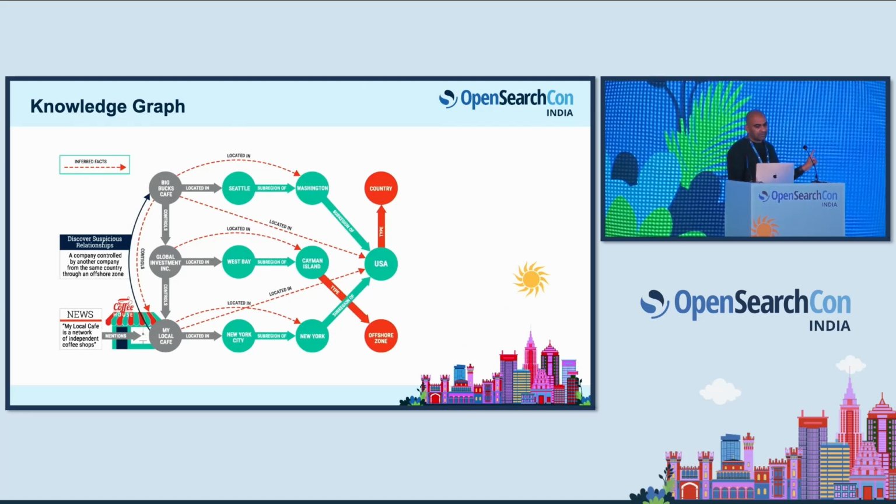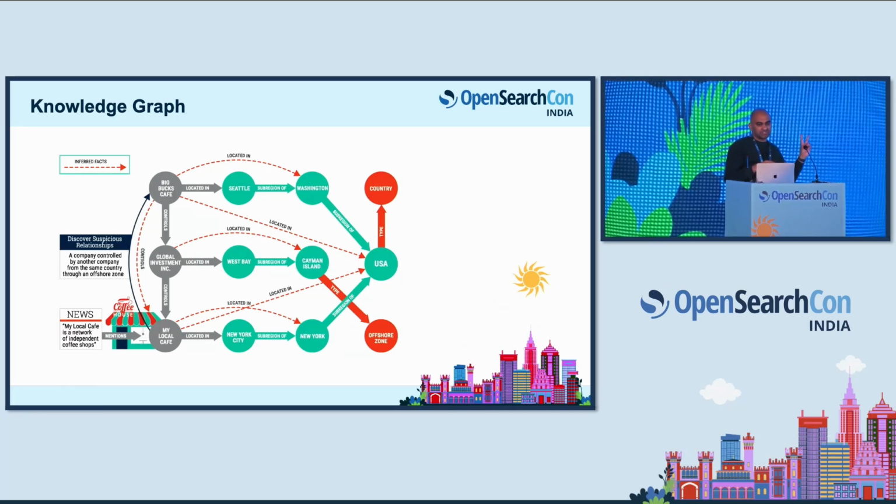These are all triplets or RDF-related entities. If you think about the Big Bucks Cafe located in Seattle, it's a triple. It represents two objects related through the idea of located in. Now if you see these triples connecting to other triplets, you see a whole knowledge graph functioning here or being created.